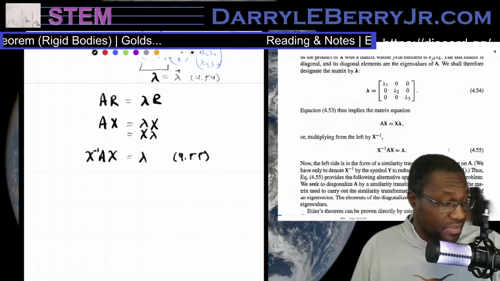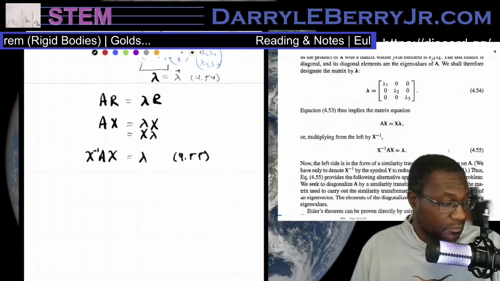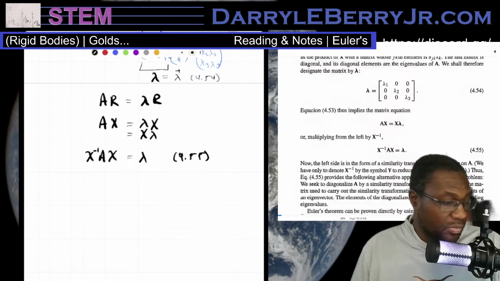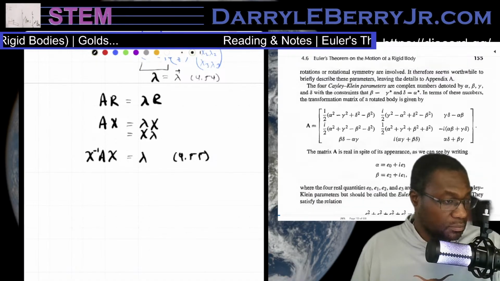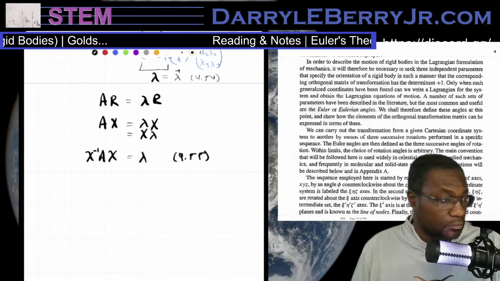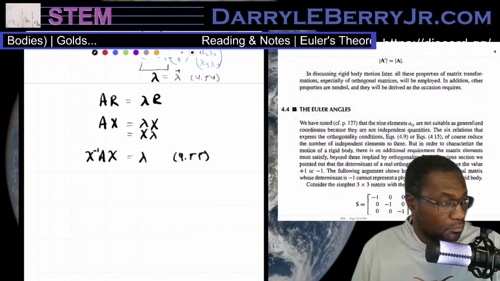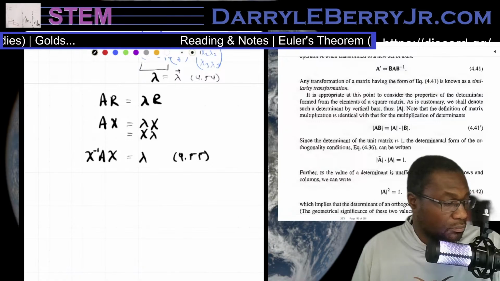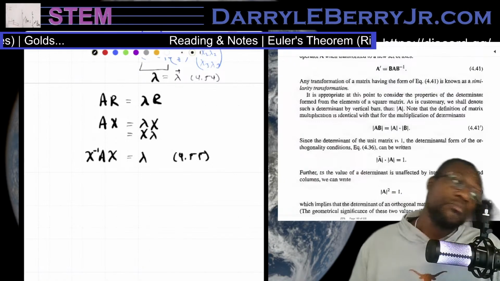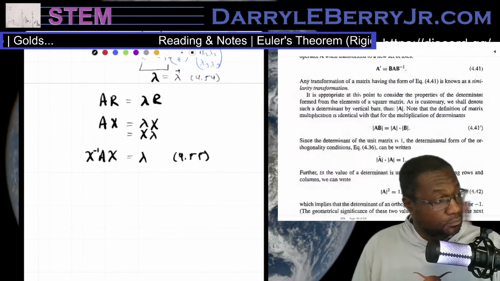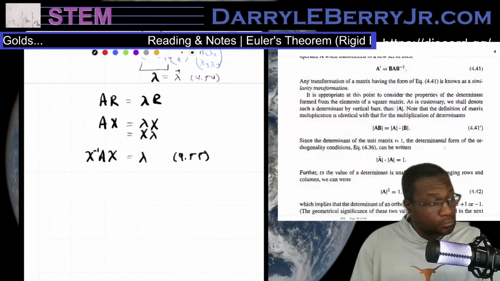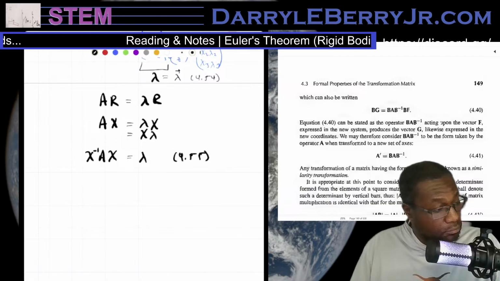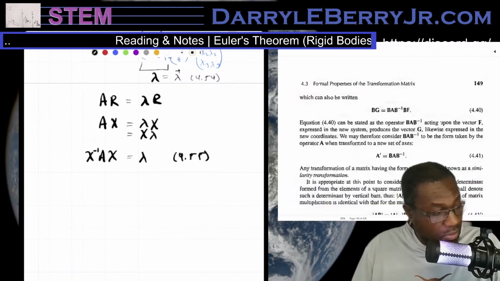Now the left side is in the form of a similarity transformation operation on A. We have only to denote x inverse 1 by the symbol y to reduce it to the form of equation 4.41. Everything to the other side. You can make a mirror image out of it.